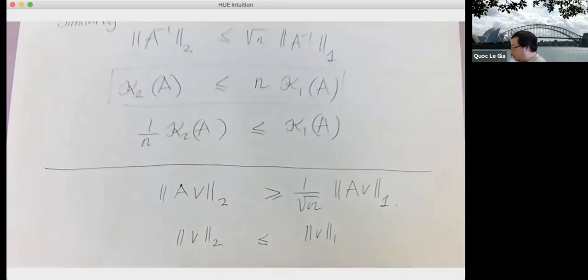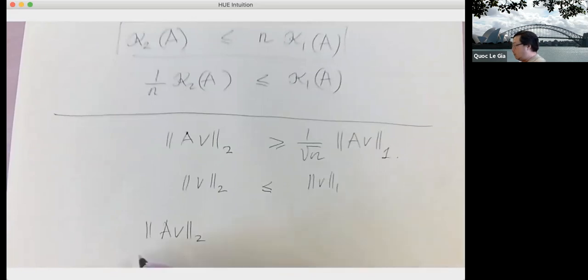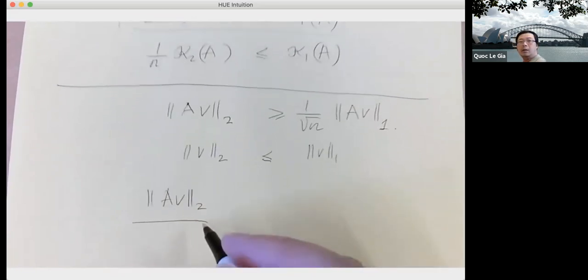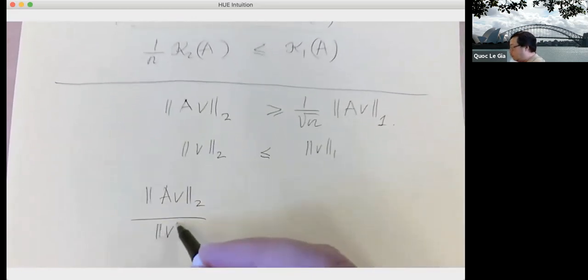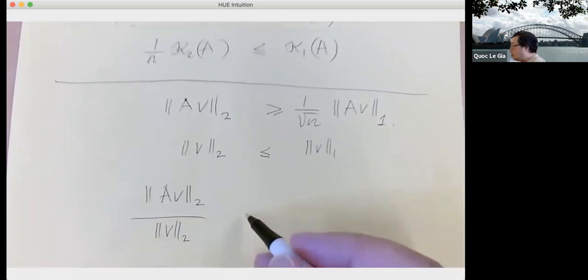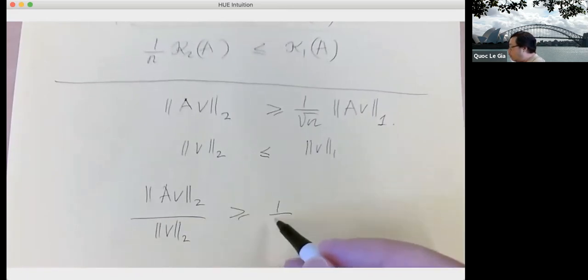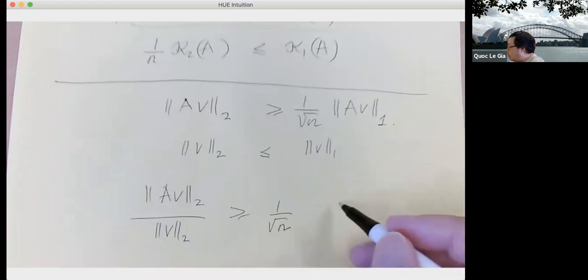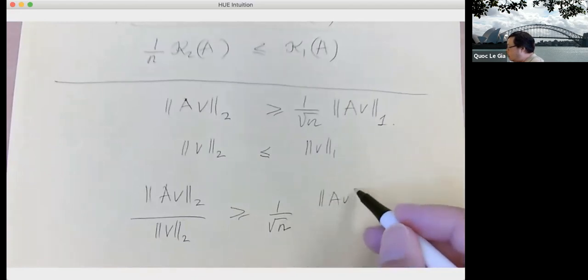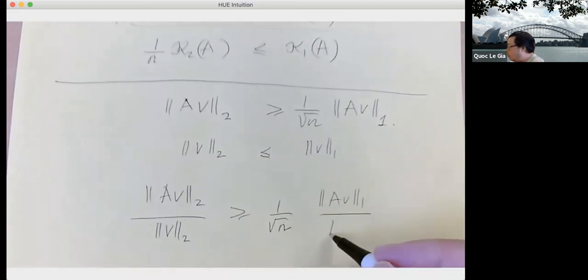Now I take the ratio, so I get AV divided by V is greater than or equal to 1 over root n times AV in the one norm over V in the one norm, right?